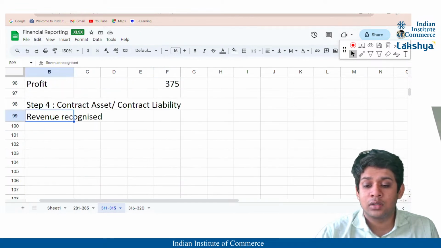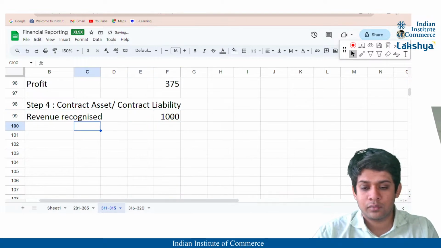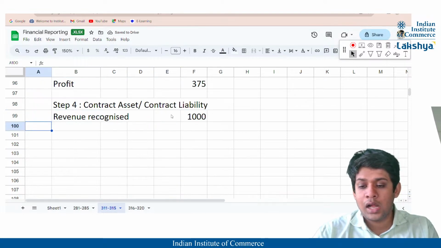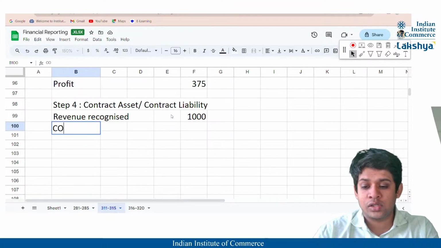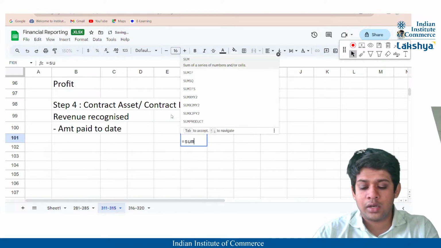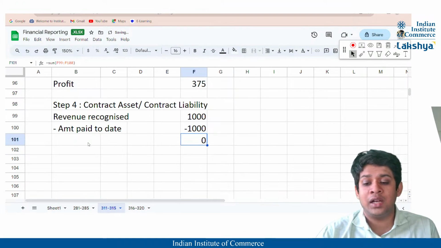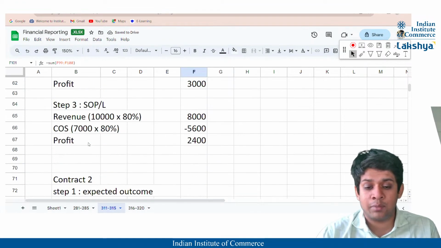That will be recoverable, correct? Revenue recognized 1,000. And from this, you're going to subtract the amount which is paid to date. Amount billed to date by the customer is 1,000. So technically it is going to be nil, no contract asset or liability.